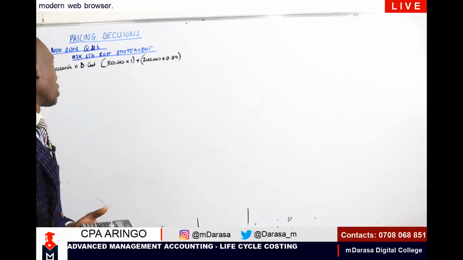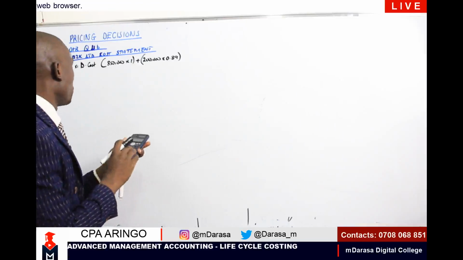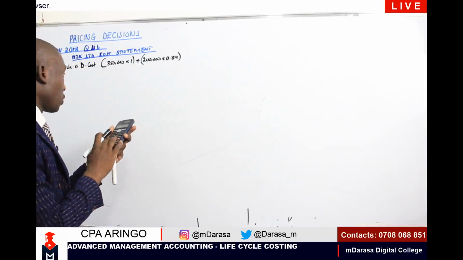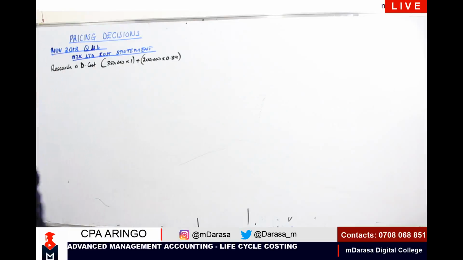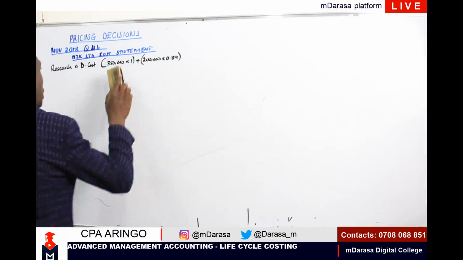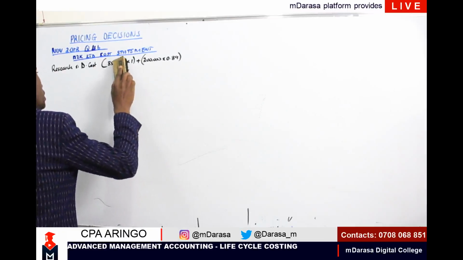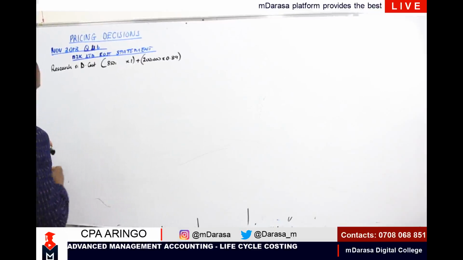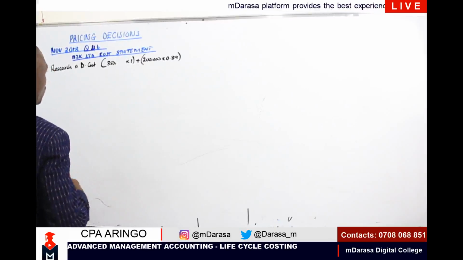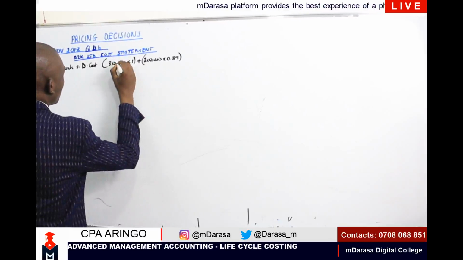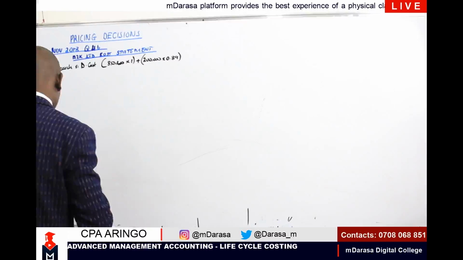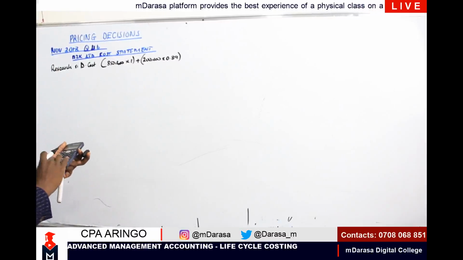In that case, we'll be talking of research and development cost to be 850,400. So I'm having 850,400.